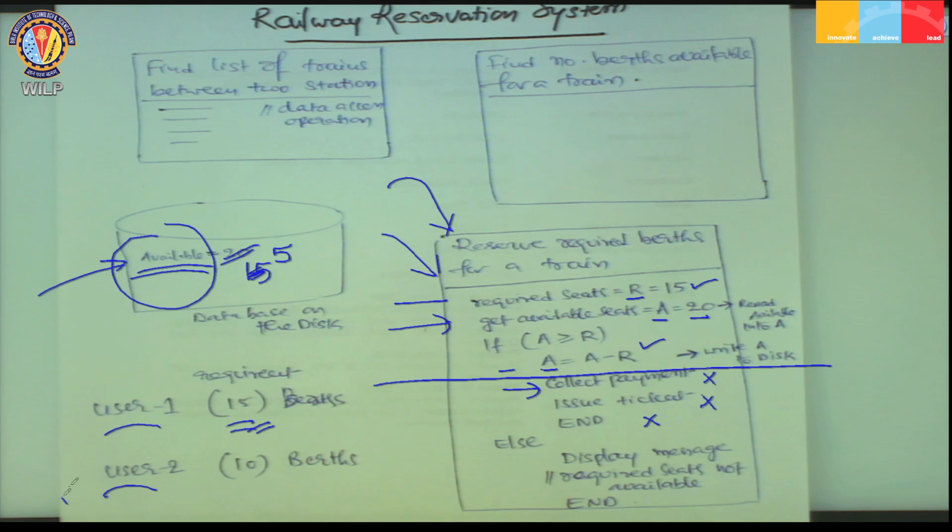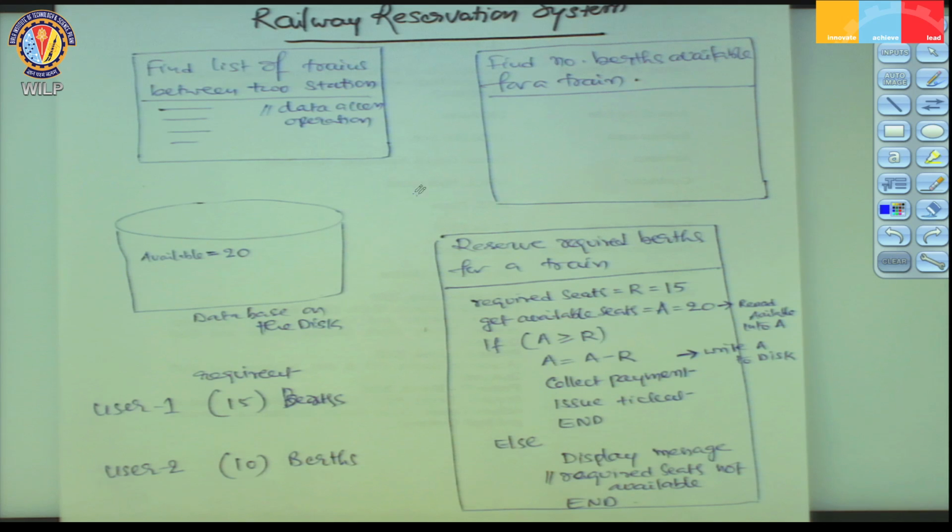Now let us assume that user 2 is also invoking this functionality to reserve some berths, and he wants 10 tickets to be reserved. Again, independent of the user, the same functionality will be invoked. The value now is only 5.